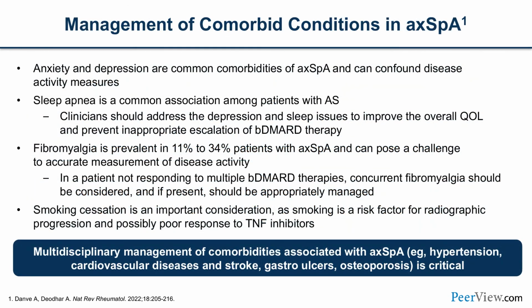Closing in on the end here, talking about management of comorbid conditions. Yes, we're partners in this, and patients who've lived with an undiagnosed disease are often facing anxiety and depression, sleep disturbances, and we need to look at all the secondary causes and to support them psychosocially and treat these things when needed. 20% of patients with inflammatory rheumatic diseases have fibromyalgia, and graded exercise, water therapy, all of these things can be very helpful.